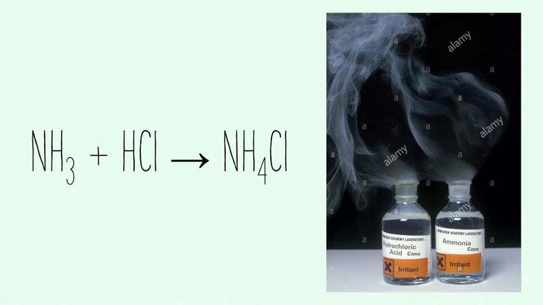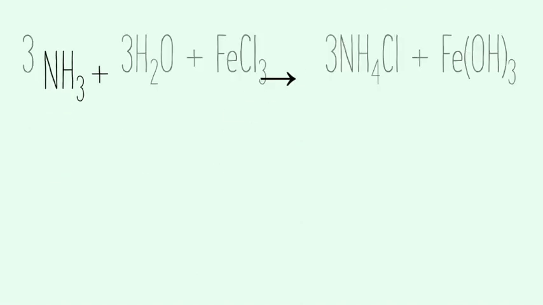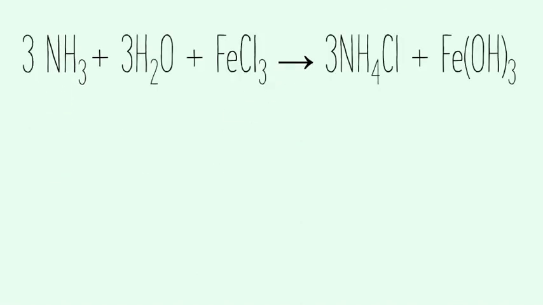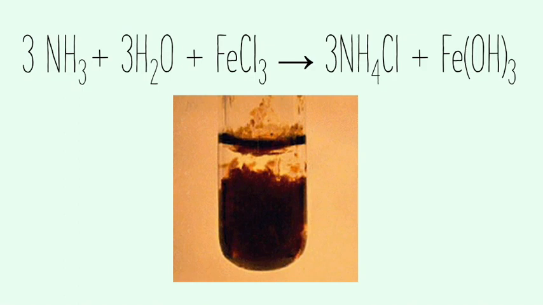It can be clearly seen that above the two bottles is white smoke, which is ammonium chloride. Another evidence of this property is the reaction between ammonia solution and iron 3 chloride to form iron 3 hydroxide, a reddish-brown precipitation.